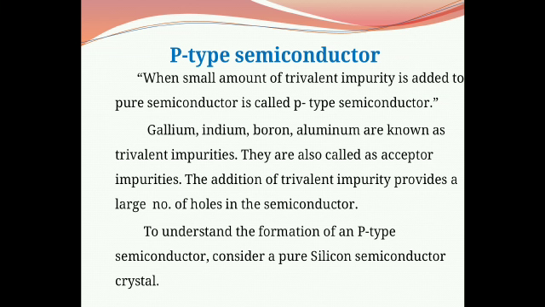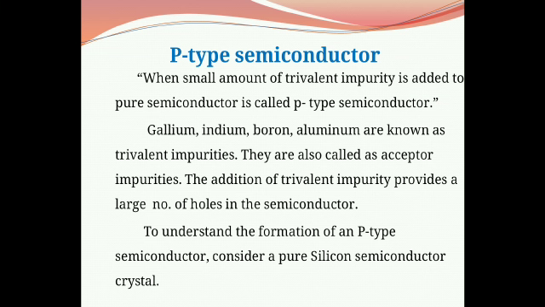When a small amount of trivalent impurity is added to a pure semiconductor, it is called a P-type semiconductor. Some examples of trivalent impurities are gallium, indium, boron, aluminum. That means they have 3 valence electrons in the outermost orbit.